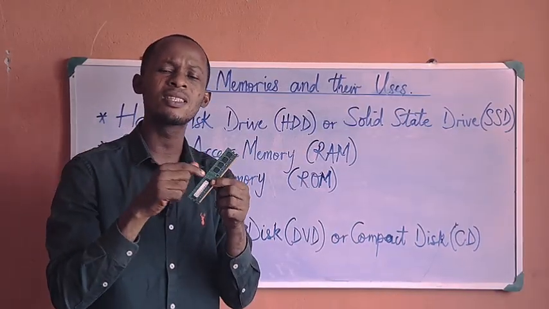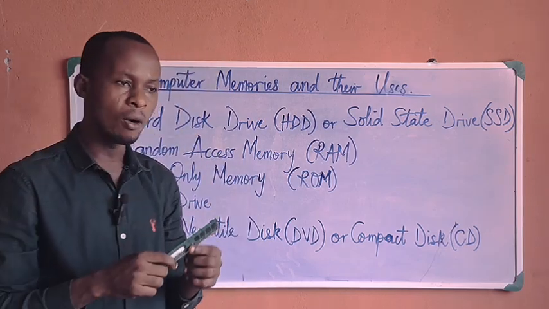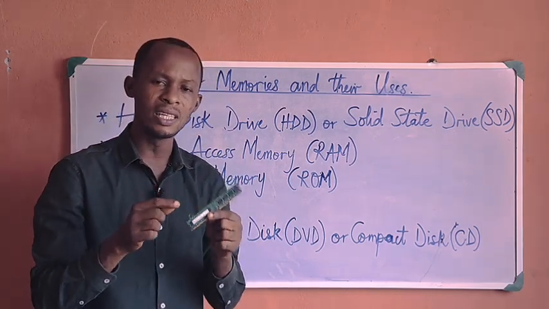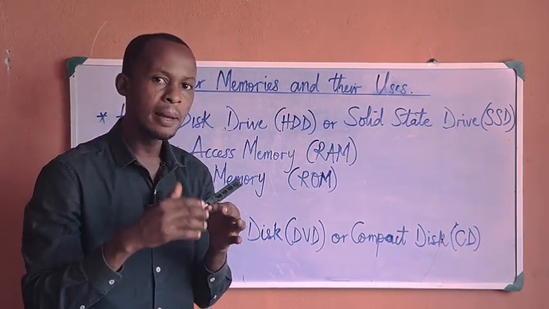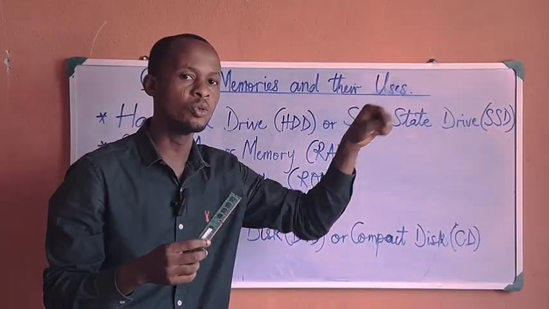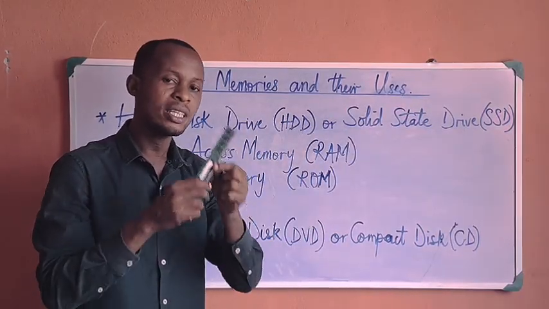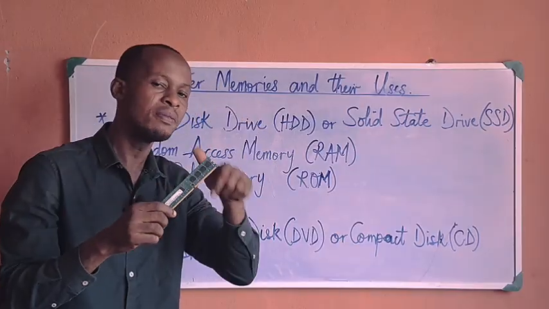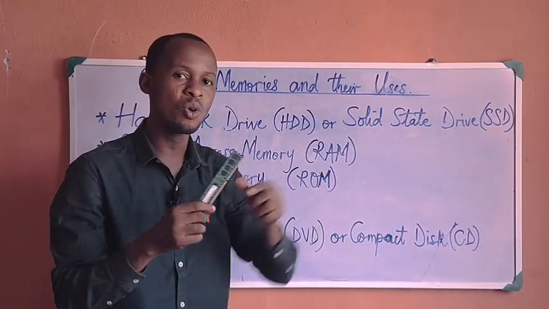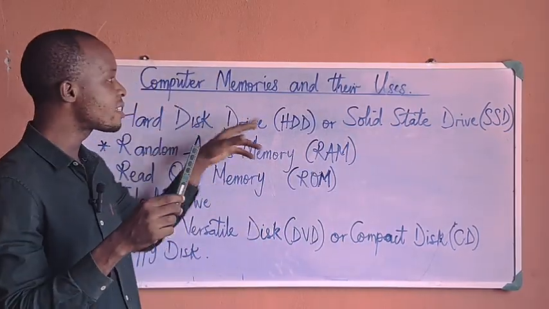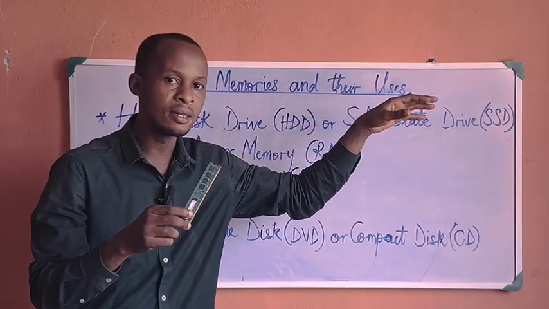What is random access memory used for? Now, the random access memory is the link between the computer CPU, central processing unit, also called the processor, and the hard disk drive or SSD.